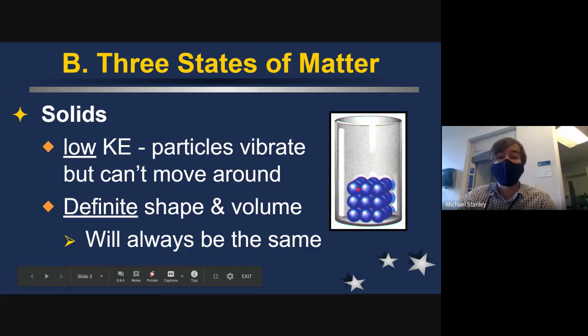This little block will always be 3 particles by 3 particles, and it will always be shaped in this square block formation right here. That is the characteristics of a solid. Low energy, the shape is set in place, it doesn't change, and the volume is also set. It's not going to just randomly get bigger or smaller. It's going to stay the same volume.